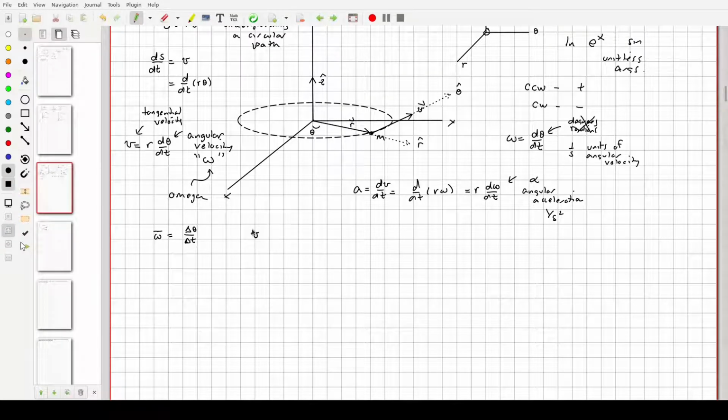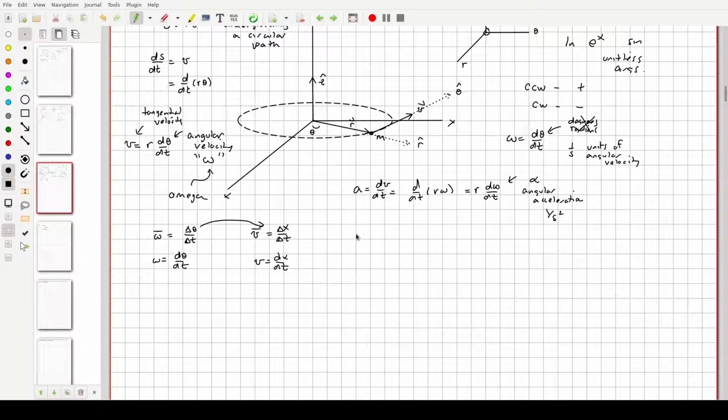Compare this to average velocity, which is change in position over change in time, along one direction. Instantaneous velocity would look like that. So as long as you think of theta as being the rotational analog to position, then all the stuff comes over. Acceleration, average acceleration, all these things are one-to-one transferable over.